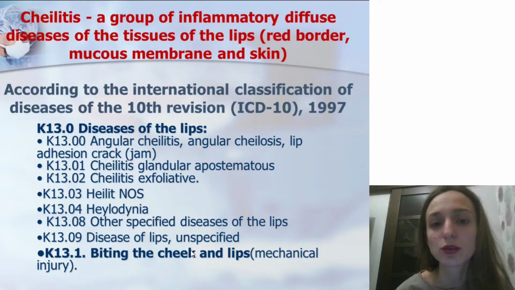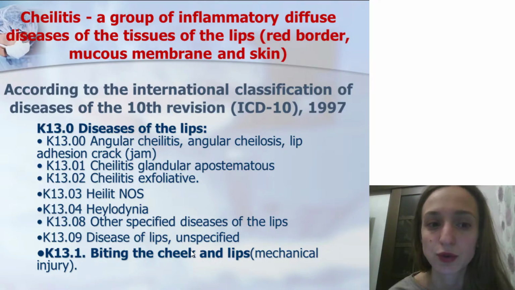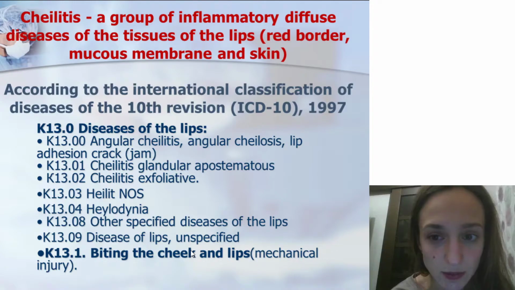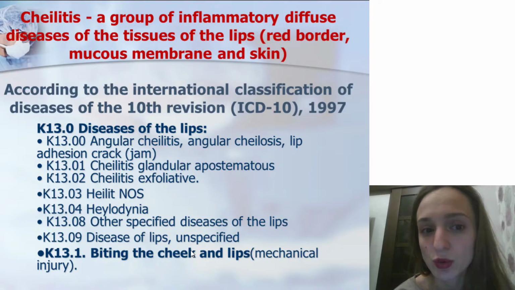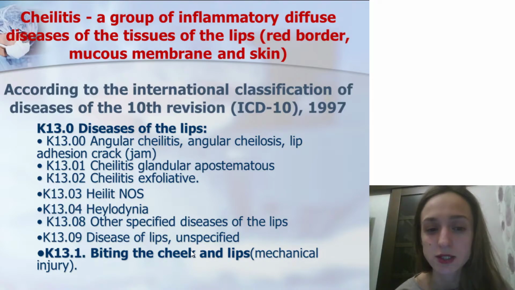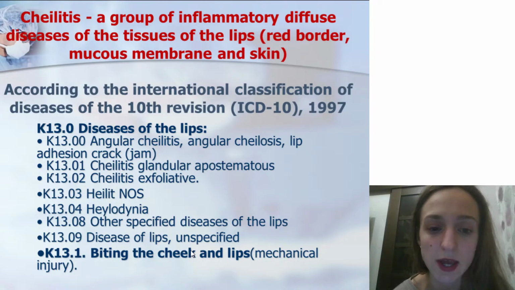Cheilitis. It is a group of inflammatory diffuse diseases of the tissue of the lips, red border, mucous membrane, and skin. And you should know about classification. It is the international classification of disease. Diseases of the lips. First of all, it is angular cheilitis and lip adhesion crack.